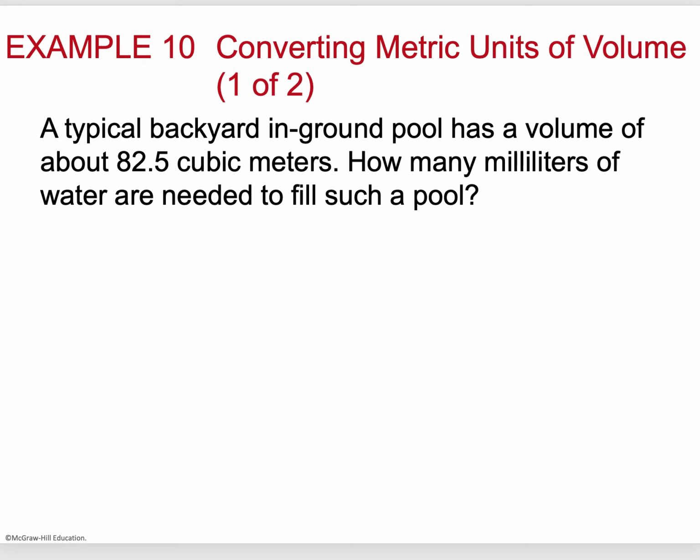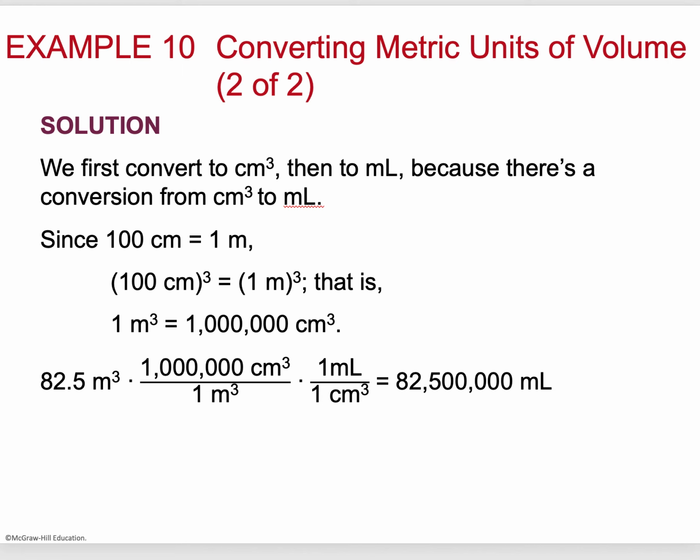First of all, we know that going from cubic meters to milliliters is going to leave a ginormous number. So that's just something to point out to your students as you're looking at, is my answer reasonable? So I have to go first into cubic centimeters, then into milliliters, because I can't go straight from cubic meters to milliliters.